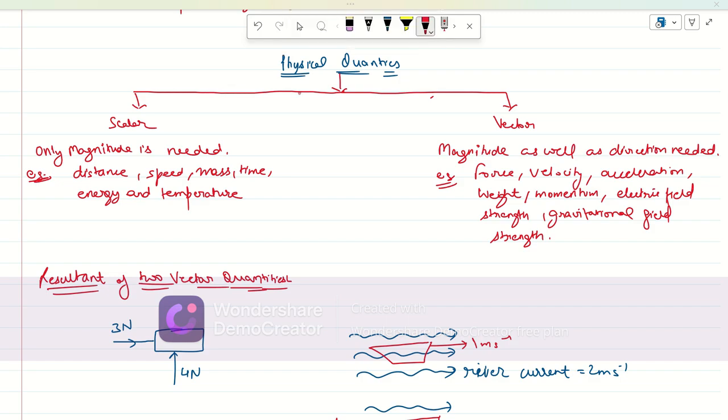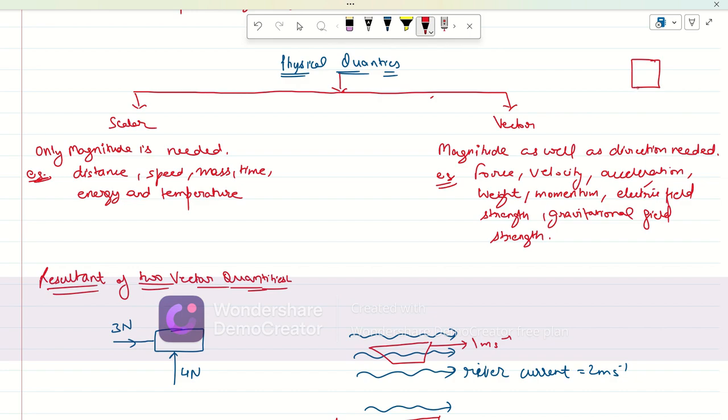Physical quantities can be defined in two ways: scalar quantities and vector quantities. Scalar quantities are those which need only magnitude. For example, if I ask you the time taken to reach your school from your home, you can say 15 minutes or 20 minutes. You need not define any direction. But there are some quantities for which you have to mention direction as well as magnitude. For example, if 5 Newton force is applied on a box, in which direction will it move?